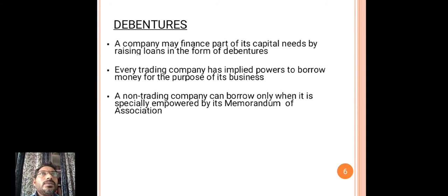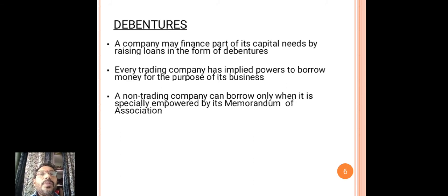To procure medium term loans, to arrange medium term financial sources, a company may issue debentures to the general public, like shares.